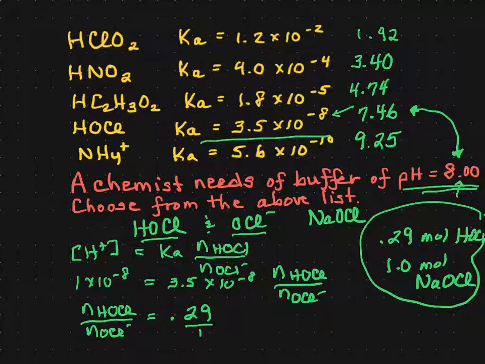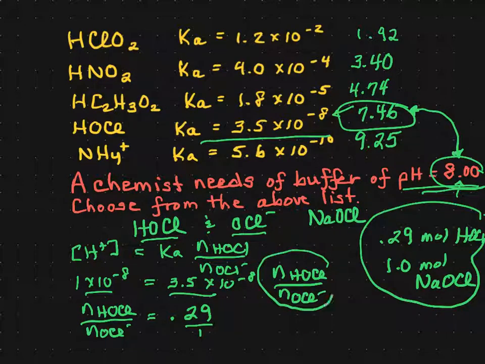So, to summarize, find the acid whose pKa is closest to the pH you want. Use the Henderson-Hasselbalch equation to find this ratio, which will get you the ratio of the acid to the base, and that's all you need. And you're done.